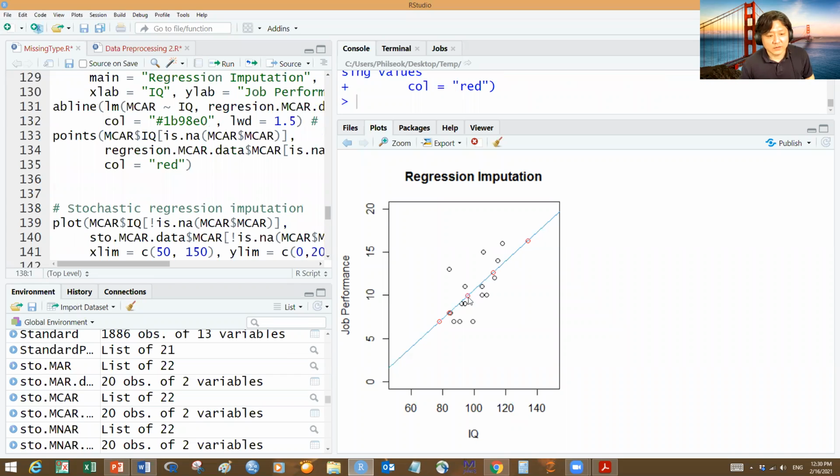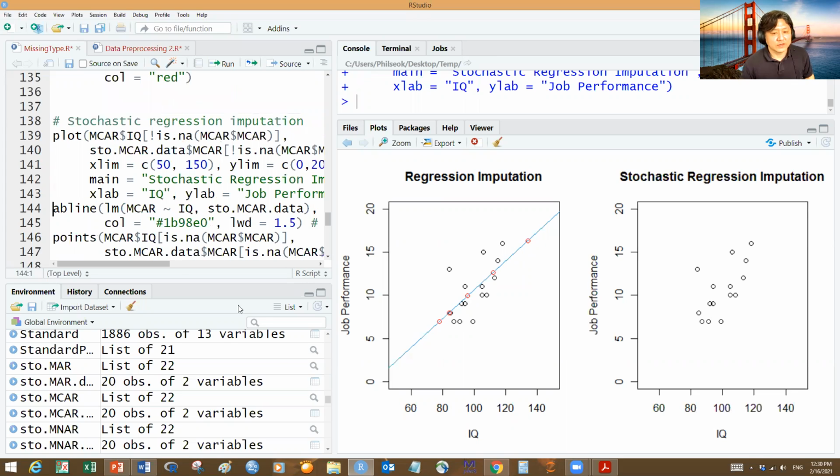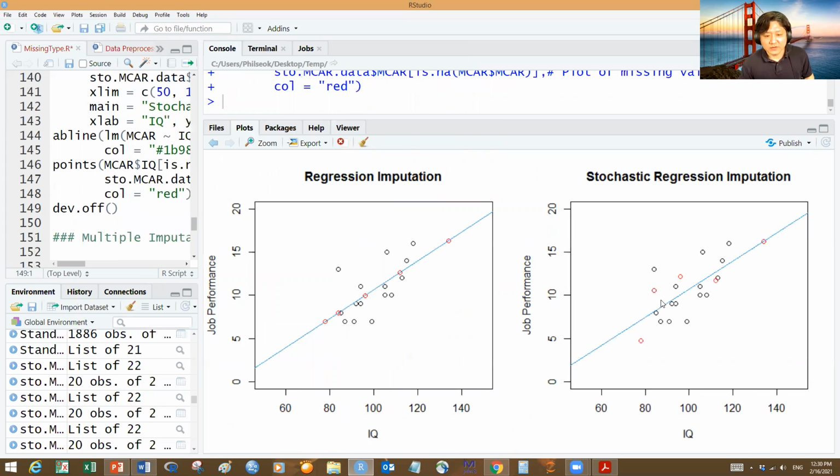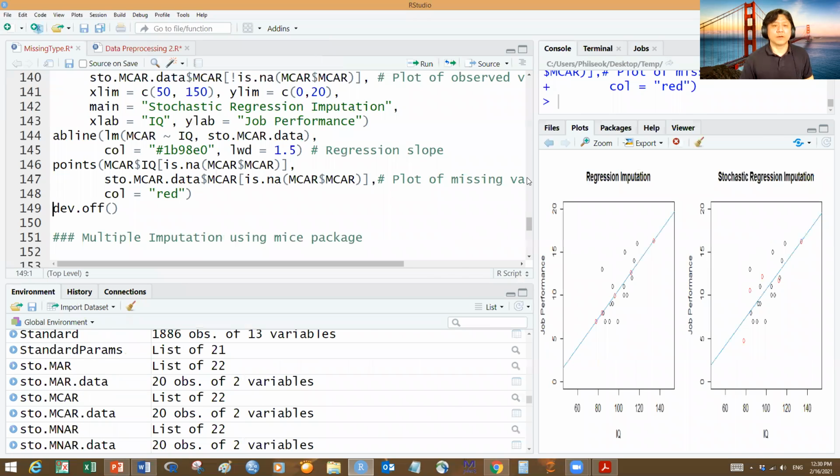All the missing values are on the regression line. But if I do the stochastic regression imputation, I added the regression line, but the missing values are all different, right? The error term is sampled from the normal distribution that was added.